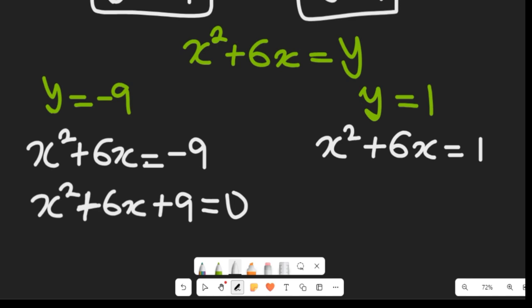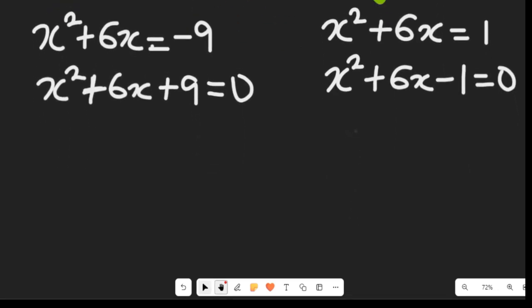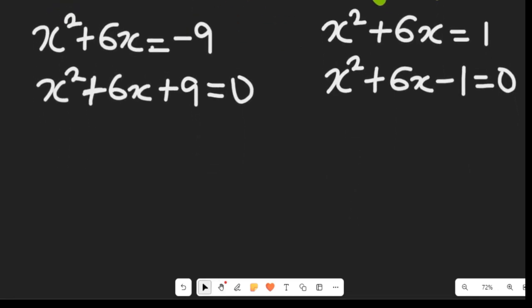If we simplify that, we are going to have x squared plus 6x minus 1 equal to 0. So we can simplify both in order to find the two values of x. Remember, we are asked to find the values of x.